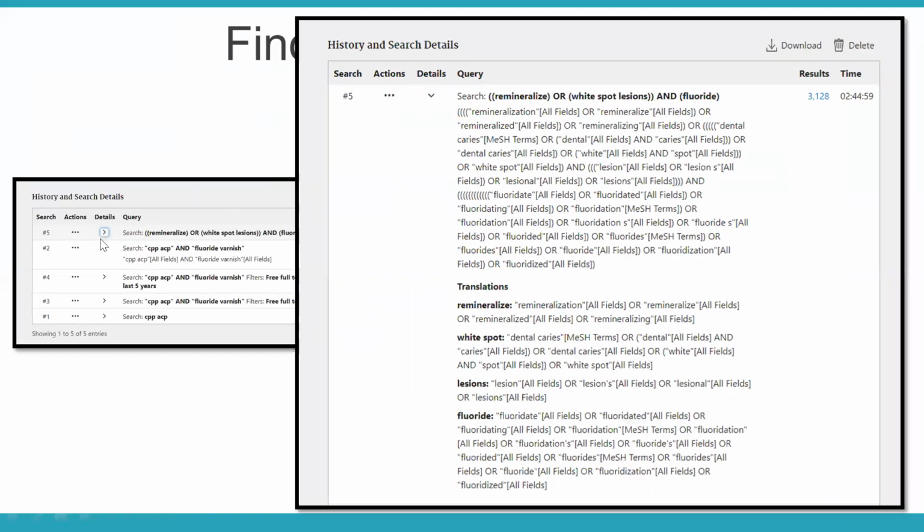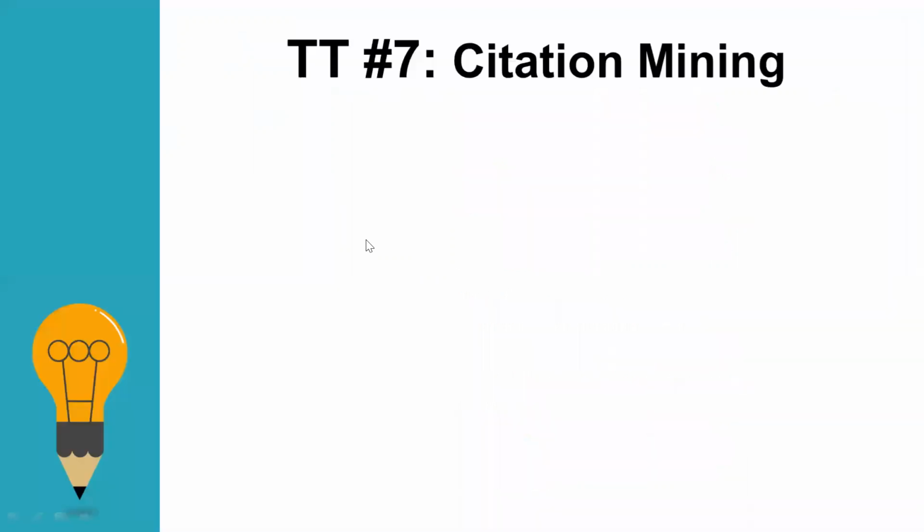You have to just click on details, and the details of your search keywords or the MeSH terms which were chosen or searched by the PubMed search engine, you will get all that. And even on separate terms also, like remineralized, white spot, lesions, fluoride. So this is how you can use these MeSH terms to modify your search.